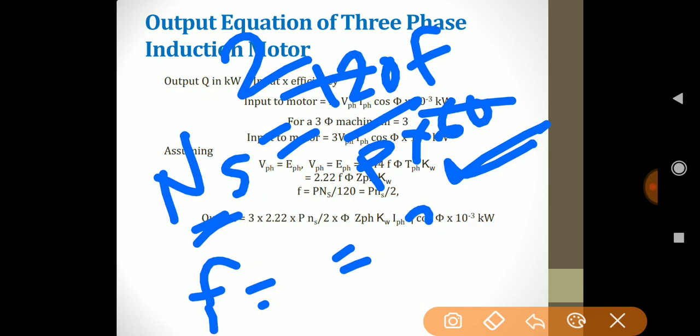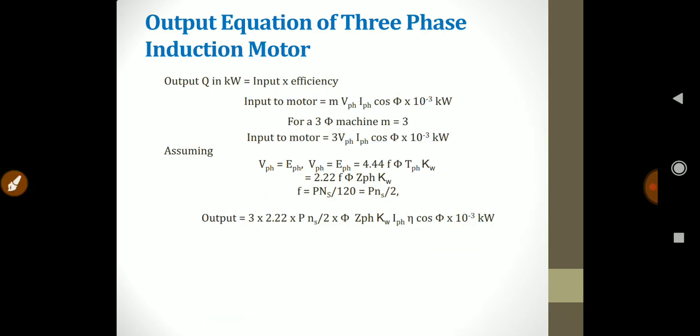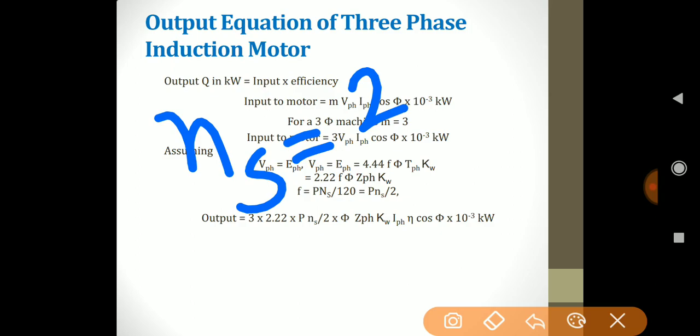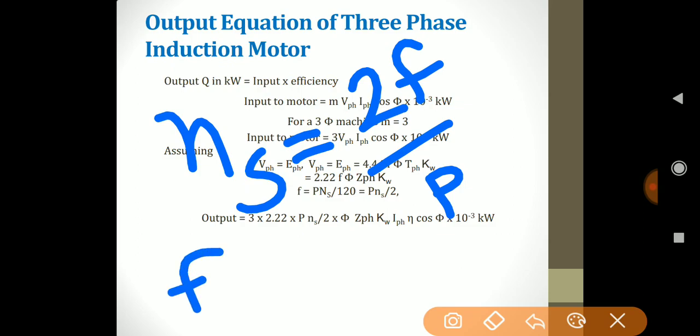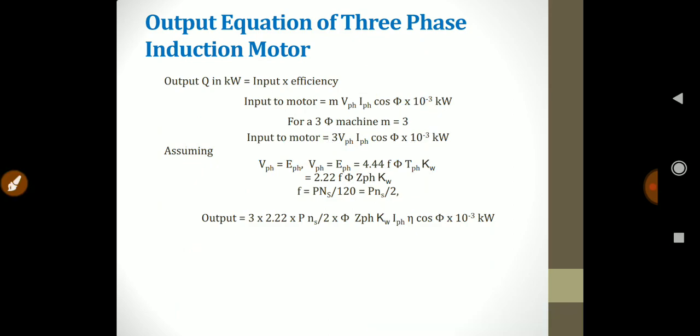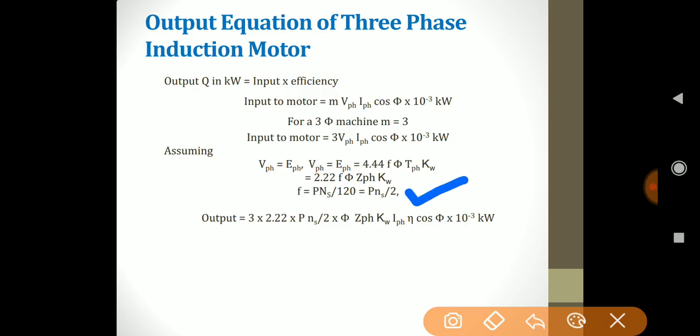So the formula for synchronous speed in RPS, small ns, is 2F by P. Hence from this I can say F is equal to ns P by 2, and that's what is written here. F is equal to nsP by 2.